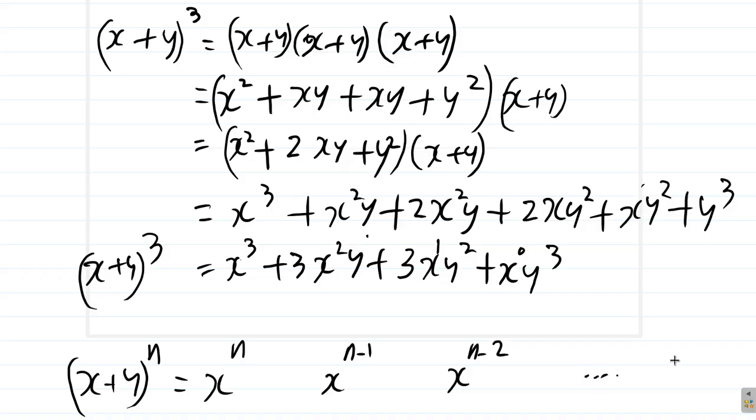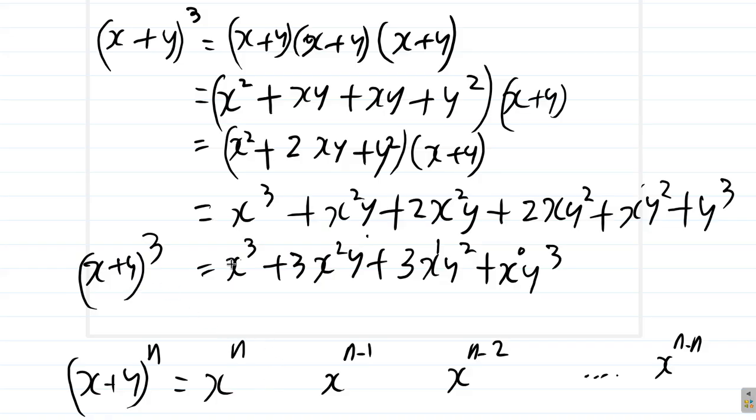And you go right down to x to the n minus n. Well, x to the n minus n is 0, so that would be the last x.